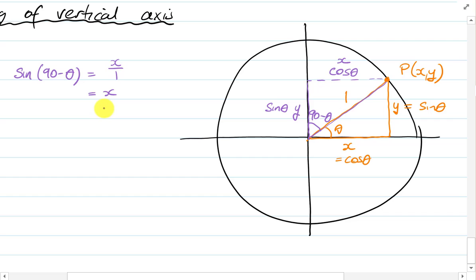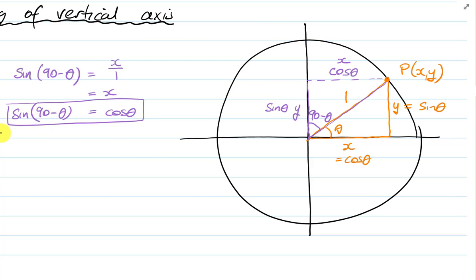So it equals x, which equals cos theta. So sine of 90 minus theta is equal to cos of theta. So now we've got this relationship with two angles that add to give 90, we can relate sine and cos of those two angles.